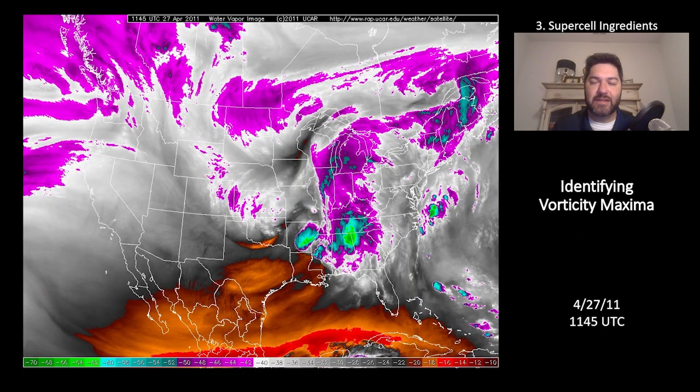Now, identifying vorticity maxima. The best way you can do this, besides looking at obviously 500 millibar charts, is you can look at water vapor imagery, and really anytime you see these drier colors, so these oranges, and sometimes browns, that's where air is subsiding or sinking, so it's going to be a little bit drier.